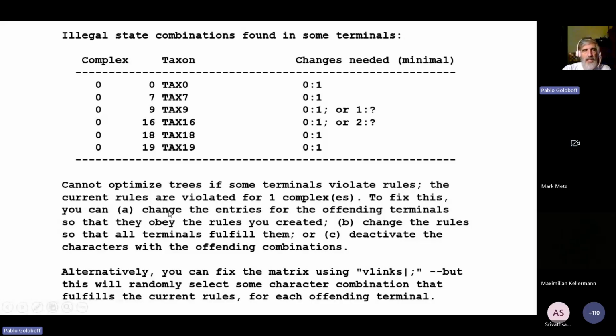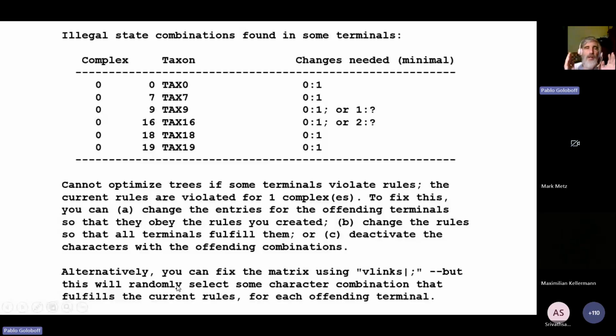Okay. And then it tells you that you cannot optimize trees in that case, and alternatively, you can fix the matrix using vlinks pipe symbol. This is like the OR symbol in programming. But this will randomly select some character combination that fulfills the current rules.